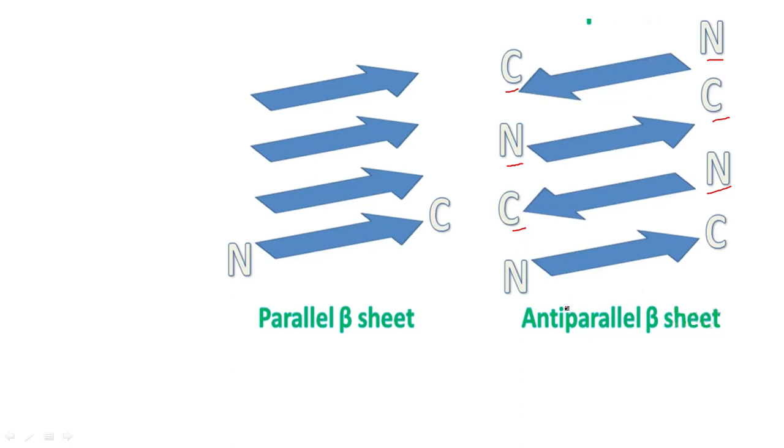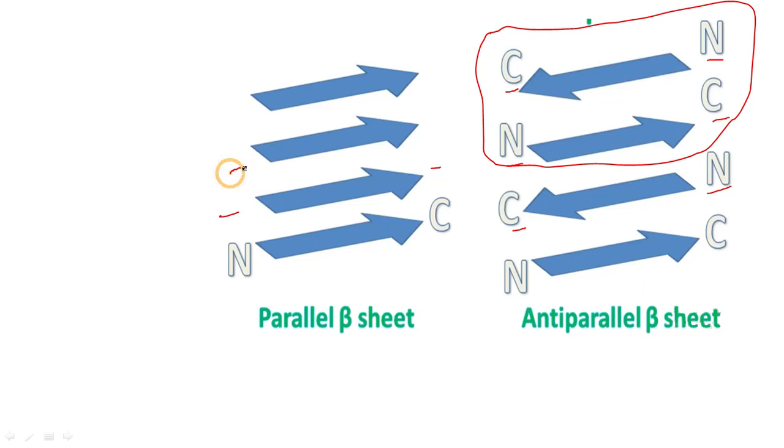So it is anti-parallel. But in this case, these are parallel sheets: the same nitrogen end, carbon end, nitrogen end, carbon end, nitrogen terminal, carbon terminal. So these are the parallel beta sheets.